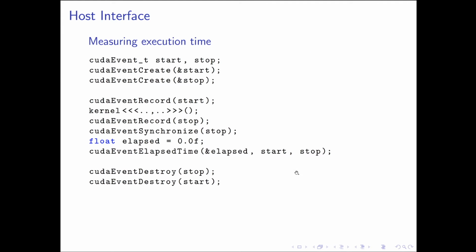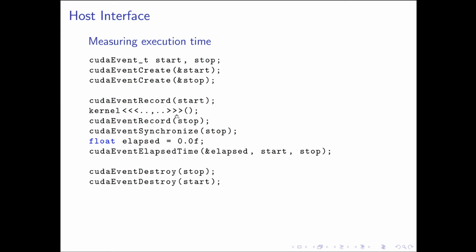In code, this would look something like this. We would have those cudaEvent_t variables, and we would create them, and then we would record the first event, the start event, before the kernel call. And here I'm only showing a single kernel call, but we could actually have a bunch of them, like 2 or 3 kernels or whatever. Here we're only interested in measuring the execution time of that single kernel.